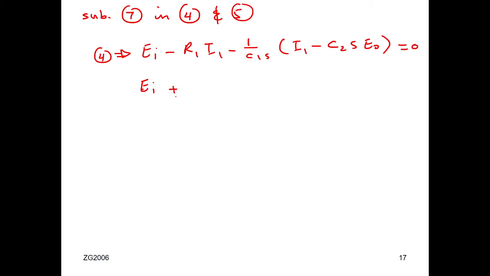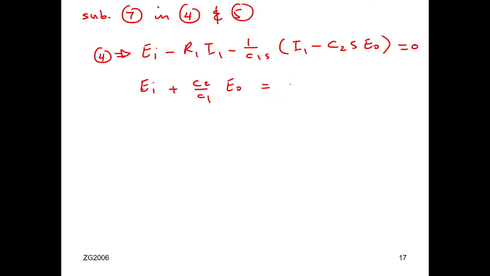It's going to be plus C2 over C1. S will cancel with S, and you're left with E out. This is for this term.